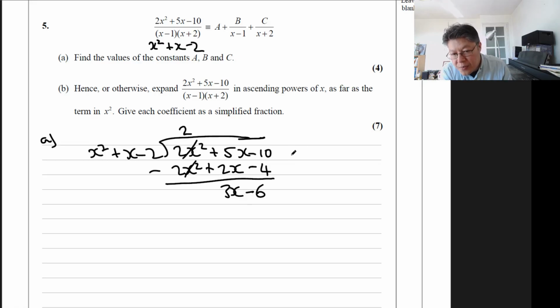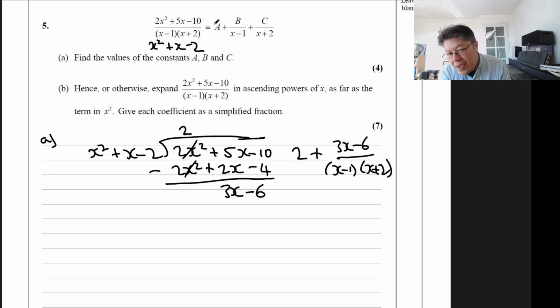So we now have 2, that's this over here, plus the remainder, which is (3x − 6) over the original thing that we divided by. I'm just going to refactorize it, put it in that form, so that's (x − 1)(x + 2). So that's the polynomial division part.